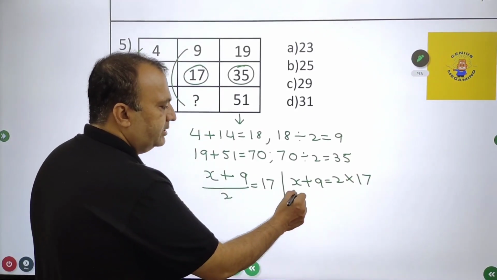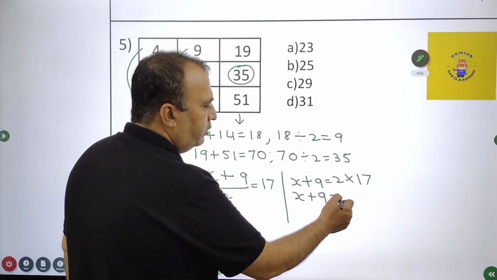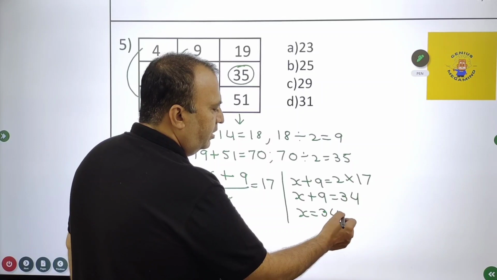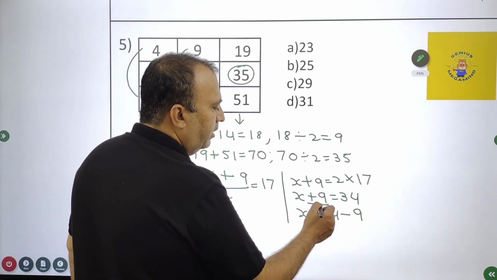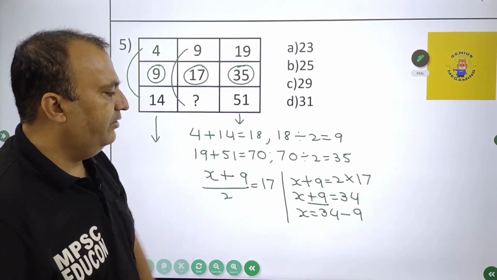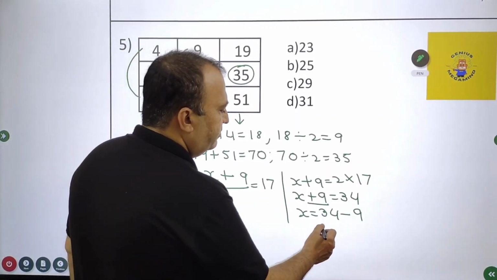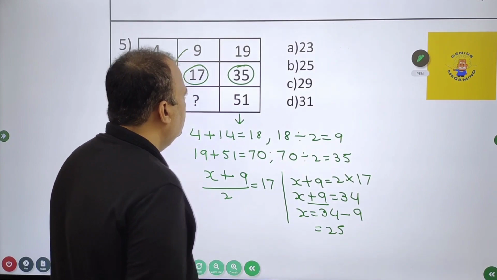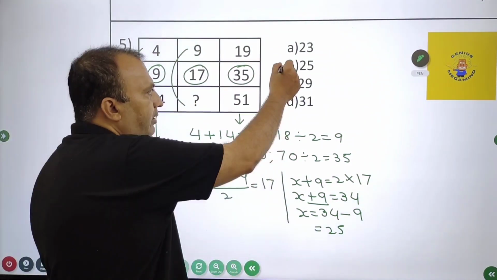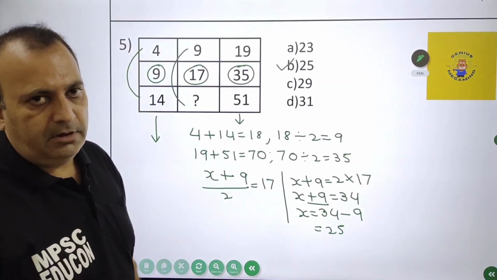So x plus 9 will be 34. So x will be what, my friends? 34 minus 9. Plus 9 when it goes to the other side it will become minus 9, and 34 minus 9, my friends, will be 25. So obviously the number at the place of question mark will be 25, which is the answer.